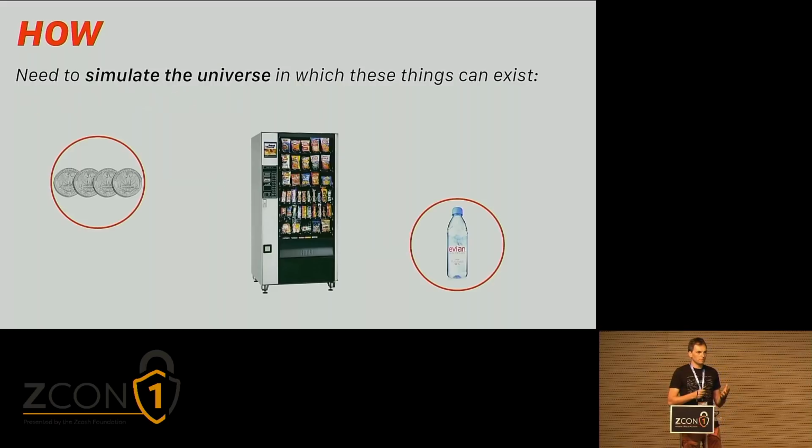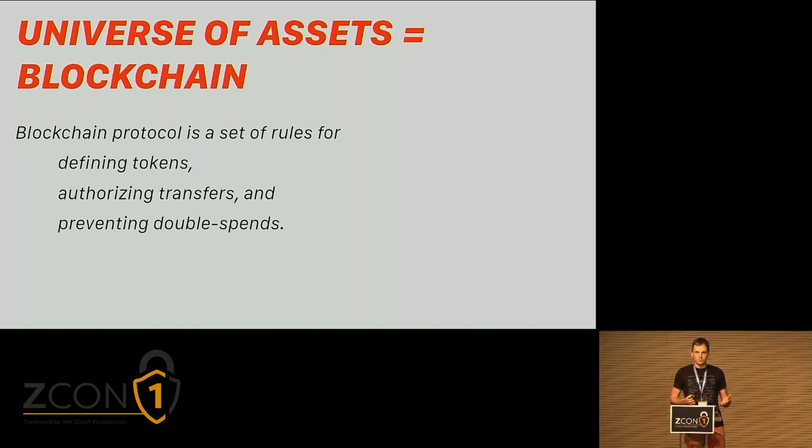It turns out the biggest problem here is that we need to simulate this whole universe where those things of value could exist, and this is a tough problem. Now, every tough problem can be solved with enough blockchain in it, so let's use a blockchain, right? What we mean by blockchain is we need to define the token, authorize transfers, and prevent double spends.